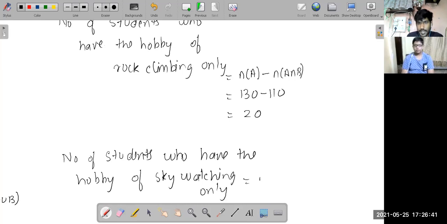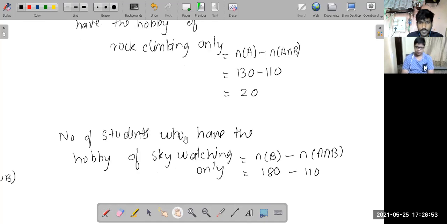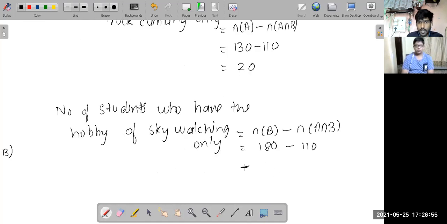That would be n of B minus n of A intersection B. So that is 180 minus 110, which is 70. So there are 70 students who have their hobby as sky watching only.